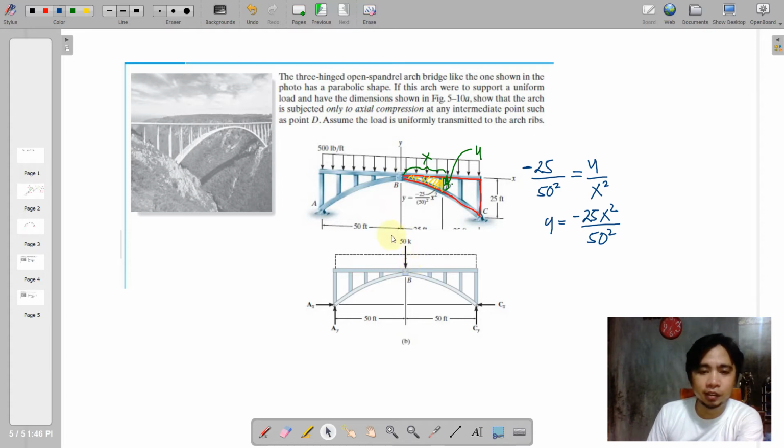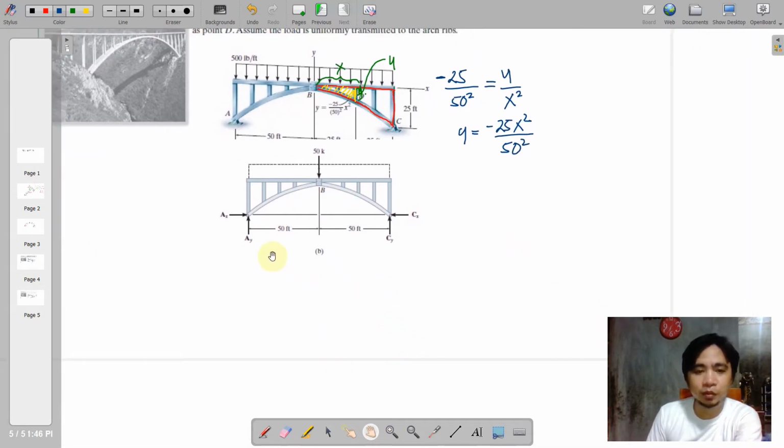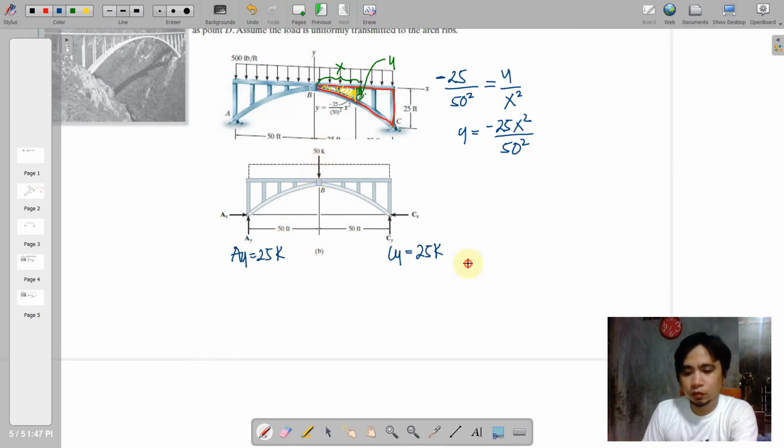So by that we can employ summation of moments at both supports in order to determine AY and CY. However, AY and CY will just share the 50,000 here. So therefore, both will have a 25,000 pounds reaction.